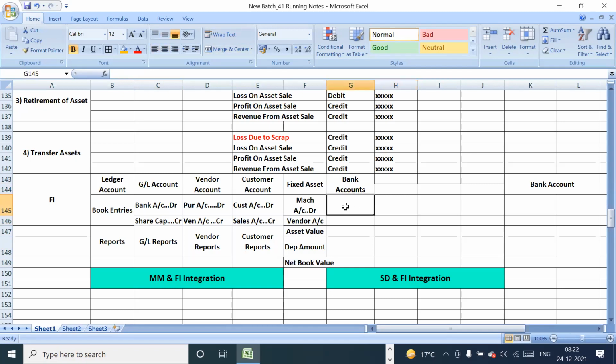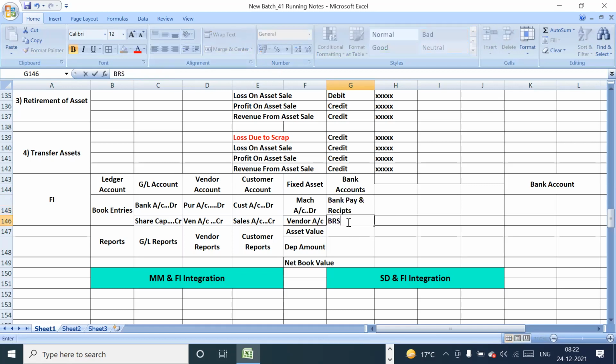Okay. And the bank also we can see. Whenever you are going to make payments or receive receipts, we are going to use the bank account. Every organization has multiple bank accounts, so management wants to see the balance bank-wise, right? So we are going to perform the bank payment entries and bank receipts. Every day we are going to do these payment and receipt activities.